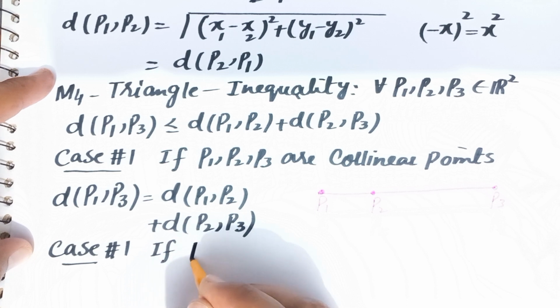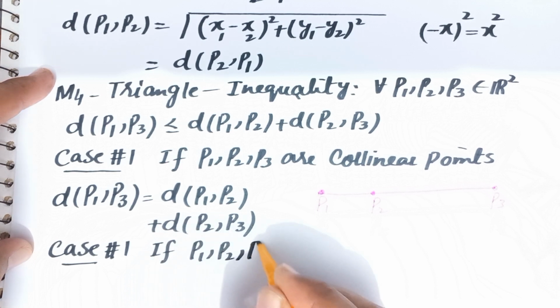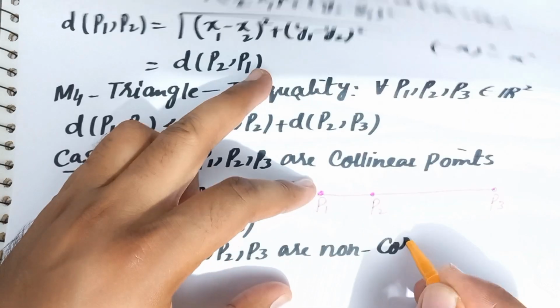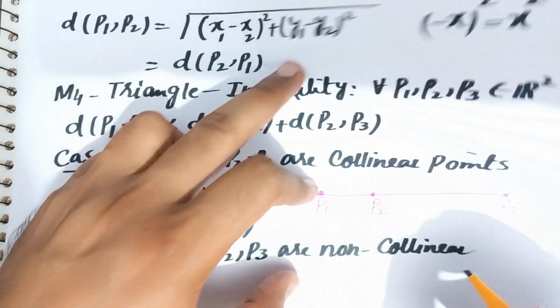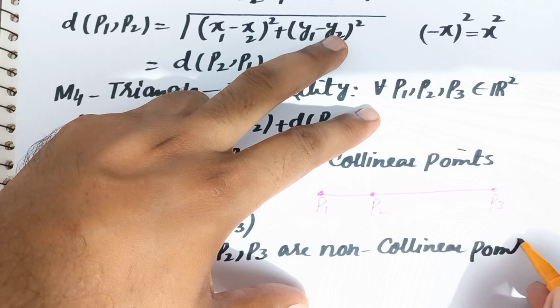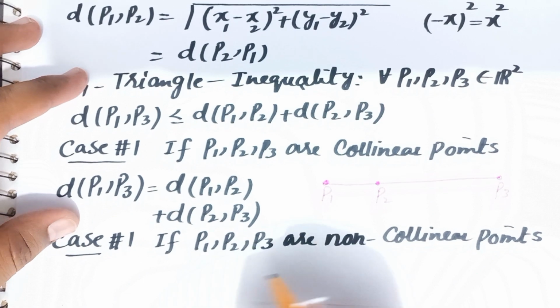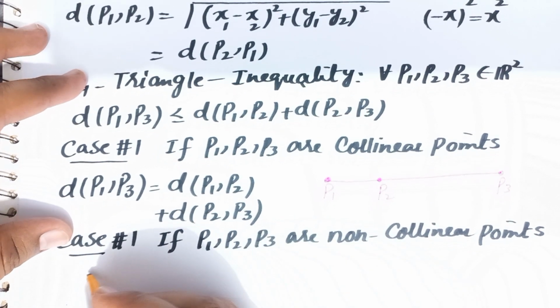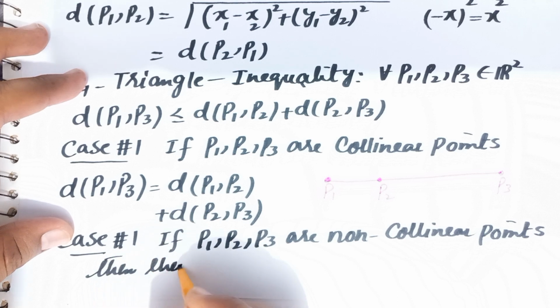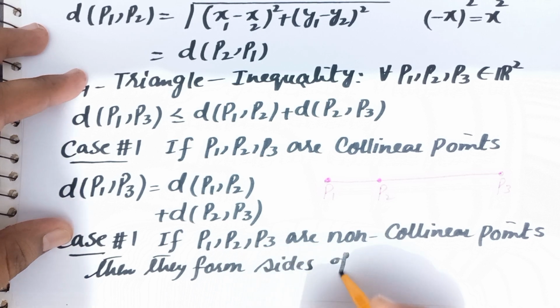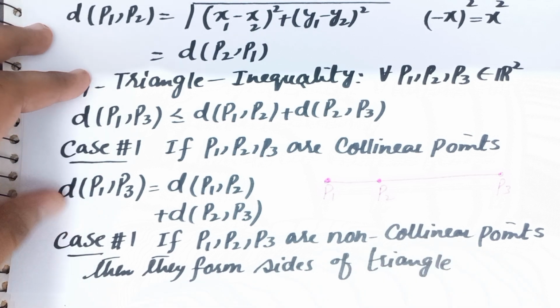If P1, P2, P3 are non-collinear points, then they form the sides of a triangle, and in any triangle you know that the sum of the lengths of two sides is always bigger than the length of the third side.